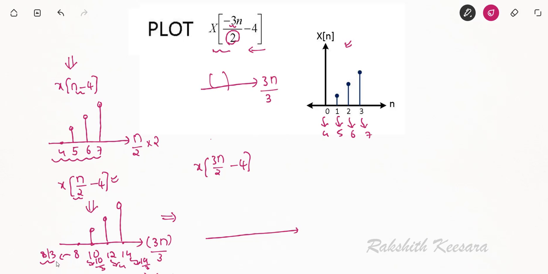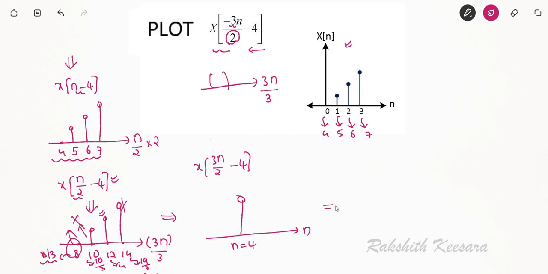So 8 by 3 is not an integer, so we will lose this sample. 10 by 3 is also not an integer, so this is also lost. 12 by 3 is an integer, so this will remain, and 14 by 3 is not an integer, so this will also be lost. The only sample we will be getting is at n equal to 4, that is 12 by 3.